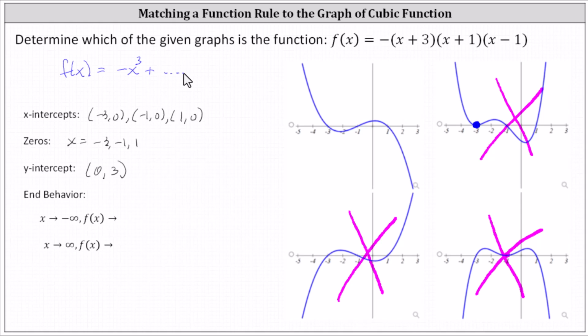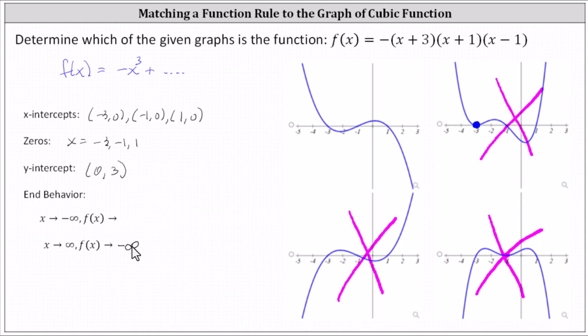And now let's determine the end behavior as x approaches positive infinity. When x approaches positive infinity, x cubed is approaching positive infinity, but then we take the opposite of that value, and therefore f of x is approaching negative infinity. As x approaches infinity, f of x approaches negative infinity.